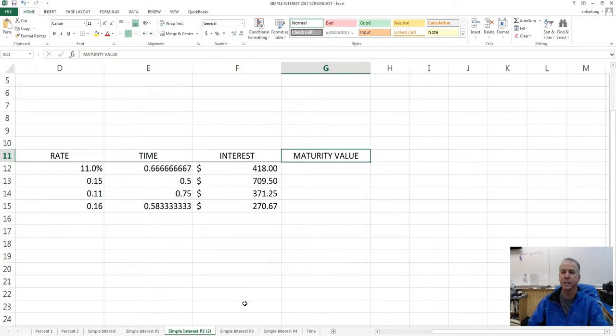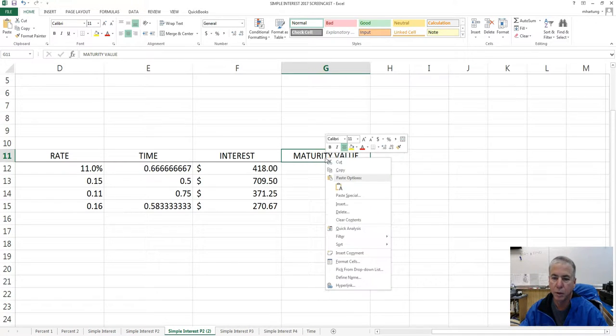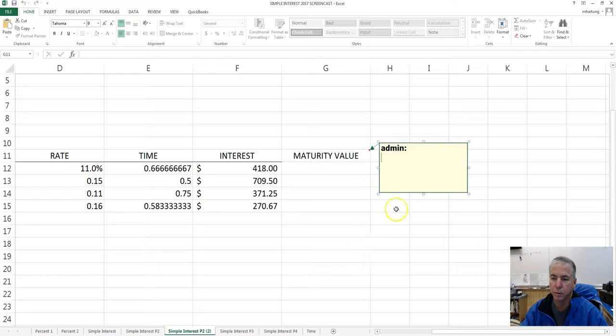Let's also go ahead and practice inserting a comment. We used those in a previous lesson. And so here's how you do that. Click on maturity value cell, G11, and right-click, insert comment. And then we can go ahead and we will type our definition of maturity value.